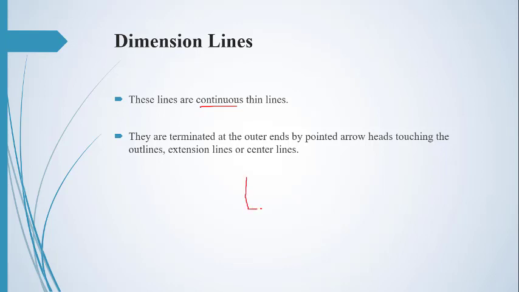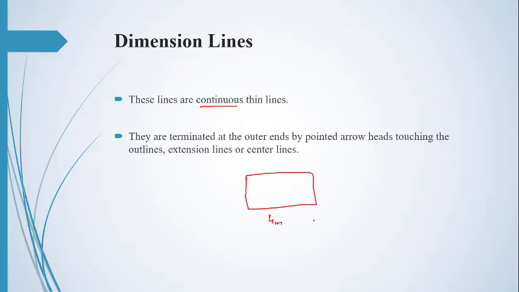For example, if we have an object like this square or rectangle, and I want to show you the length of this side, for example, 4 meters, how can I show you this length?